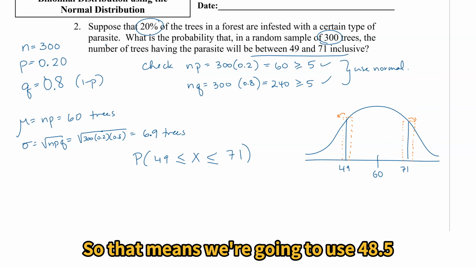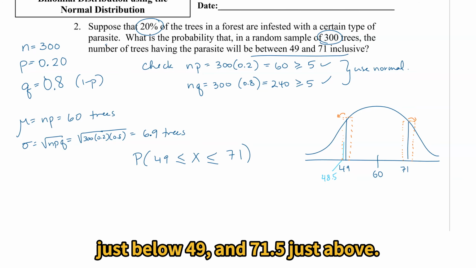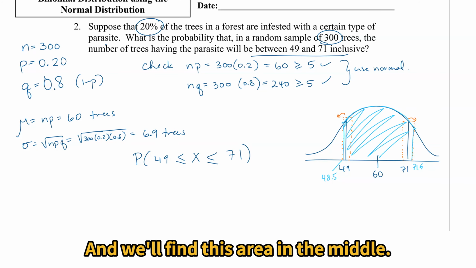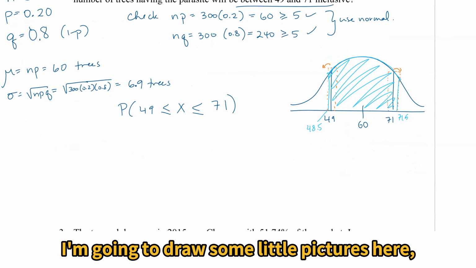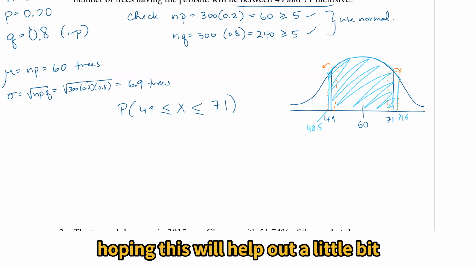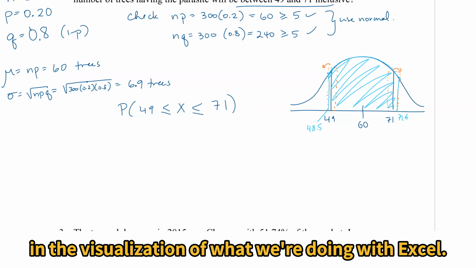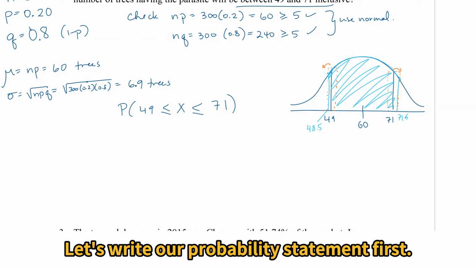So that means we're going to use 48.5 just below 49 and 71.5 just above, and we'll find this area in the middle. Now, if you recall, area in the middle, I'm going to draw some little pictures here, hoping that this will help out a little bit in the visualization of what we're doing with Excel. Let's write our probability statement first.